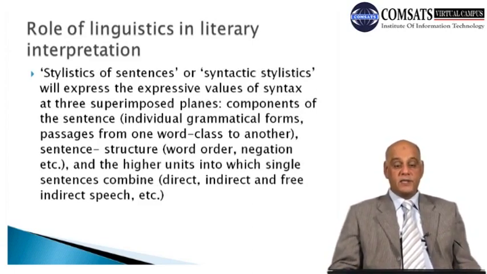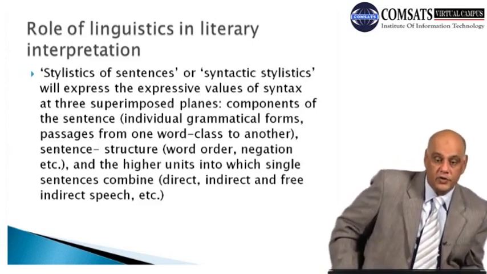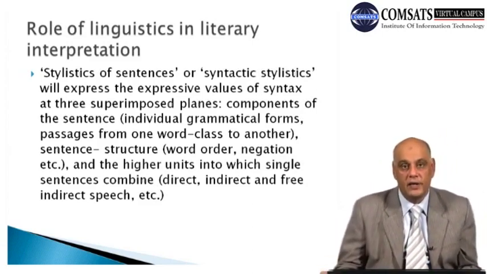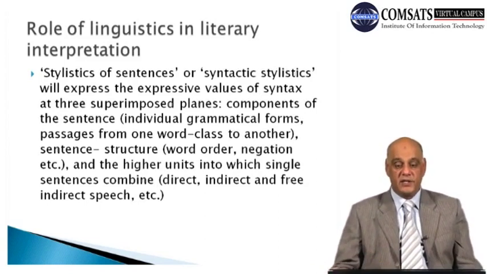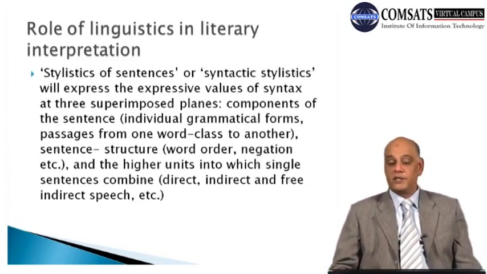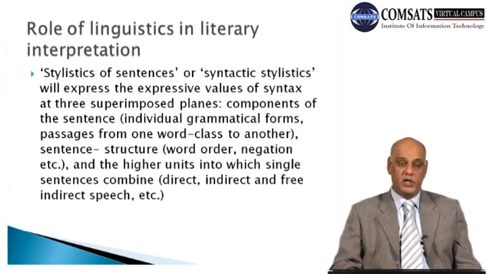Number two, sentence structure: word order, negation, etc. How the word order is analyzed, how negation is made by changing the words in a sentence. And number three, higher units into which a single sentence is combined, like direct, indirect, and free indirect speech.